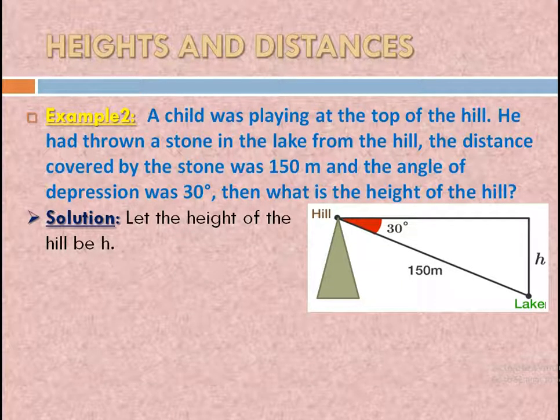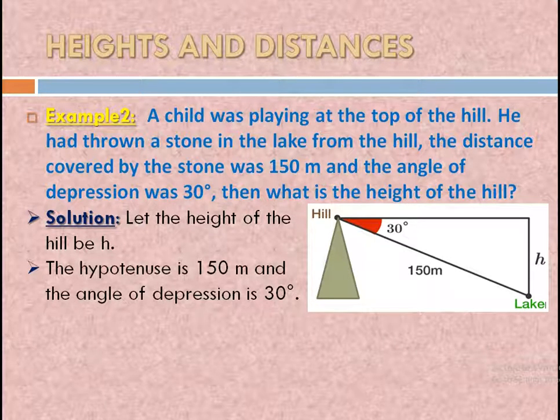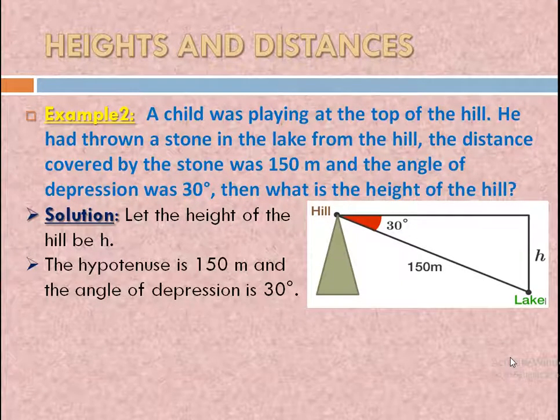Let the height of the hill be h. Okay students, you can see in the figure the hypotenuse is 150 meters and the angle of depression is 30 degrees. Now students, here we have to find the perpendicular h.